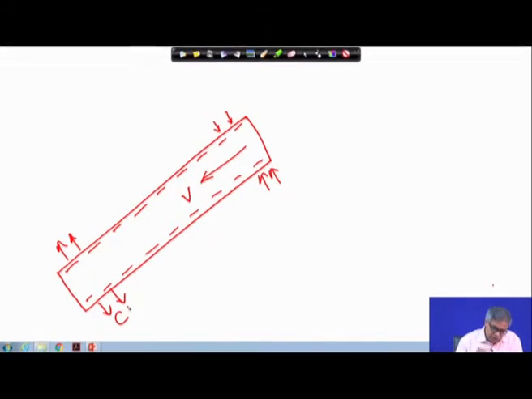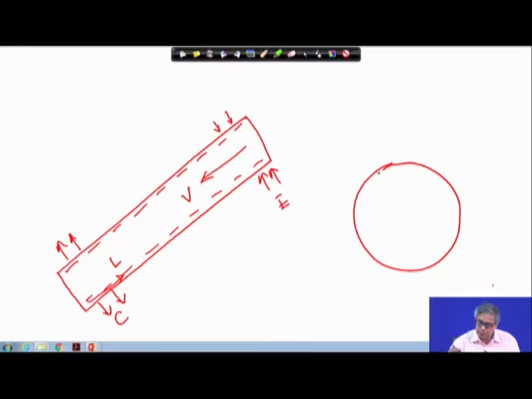So, this is your condenser, this is your evaporator, and liquid moves in this capillary structure. So, this is liquid. If we take a cross sectional view, then this is vapor and this is your liquid.